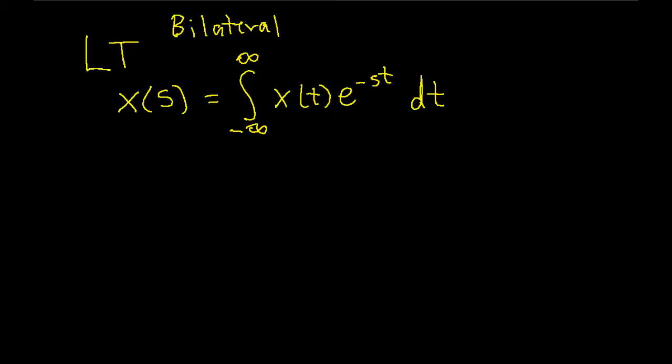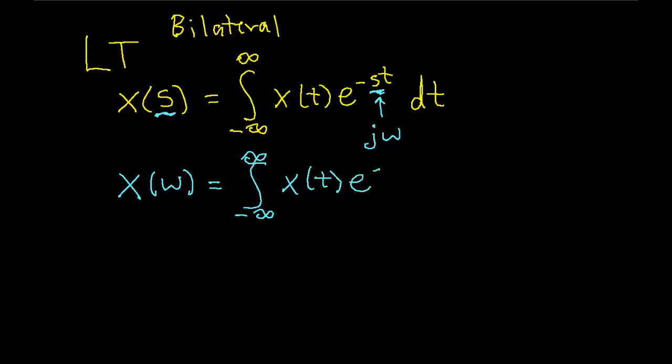And you'll notice that if I replace the s right here by j omega, then I essentially have the same expression that I had before on the previous screen. X of omega is this integral from minus infinity to infinity, x of t e to the minus j omega t dt.